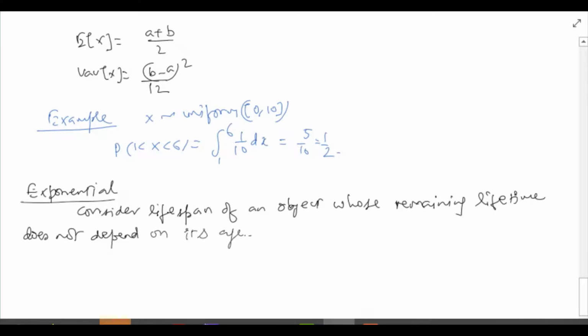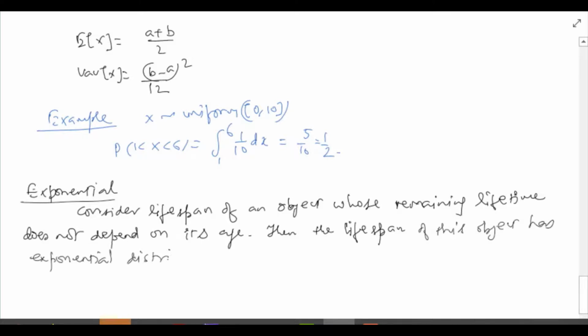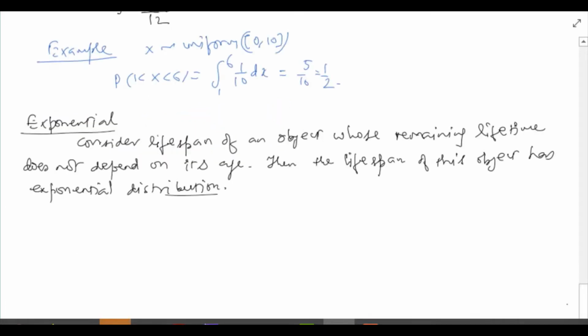Then the lifespan of this object has an exponential distribution. For instance, suppose we have a bulb whose remaining lifetime does not depend on its age, then the lifetime of the bulb is considered to have an exponential distribution.